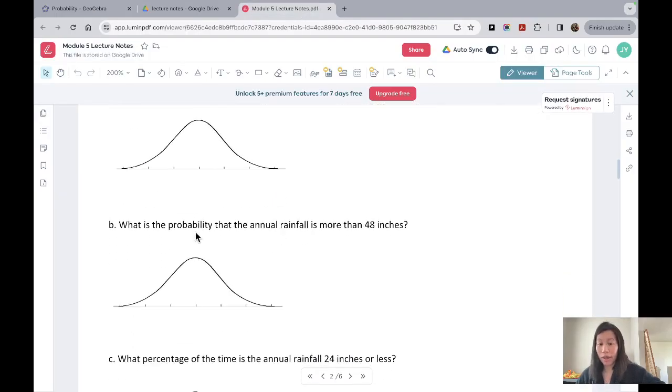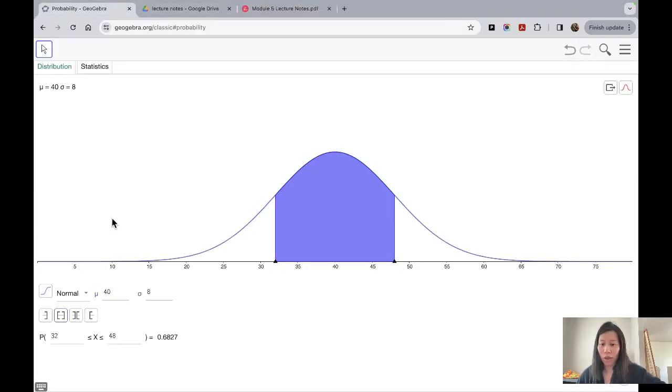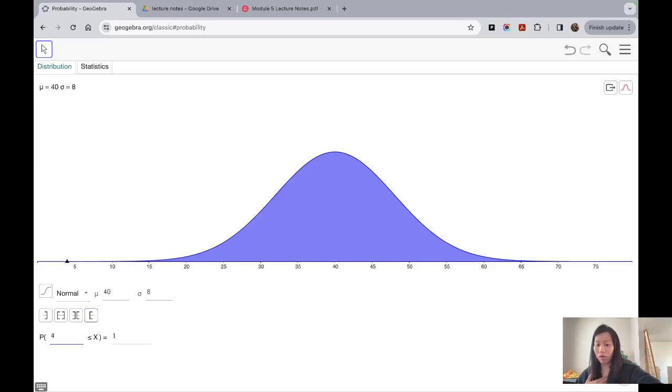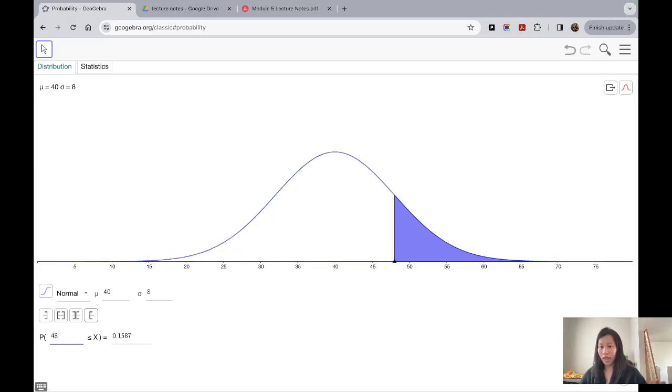Now, let's look back at our practice. The second one is, what is the probability that the annual rainfall is more than 48 inches? So, more than 48 inches, that means we want to use the last option, and if you see the shaded area, you will also notice that more than 48 inches is going to be here, 15.87%.